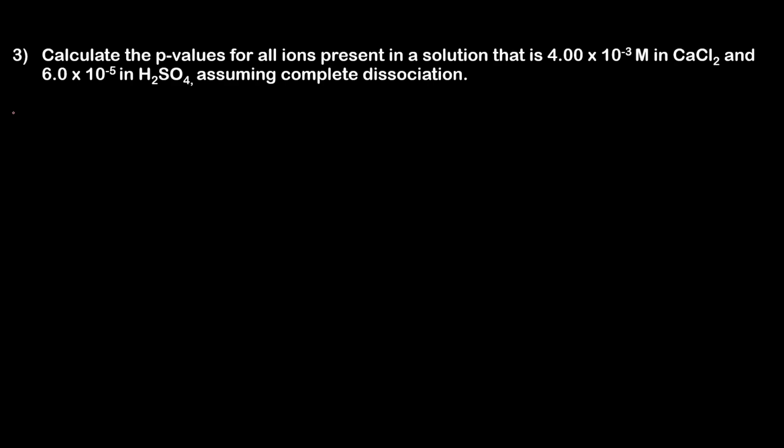So let's start first by determining the ions in the solution. We have CaCl₂ that has Ca2 plus ion and Cl minus ion, okay? But note here, we have two chloride in one CaCl₂. Okay, just note this first.